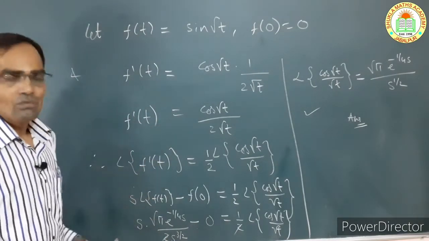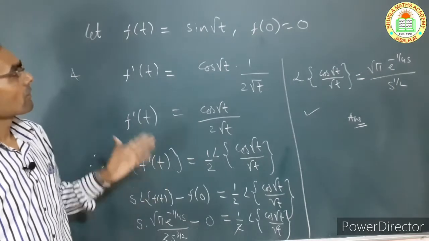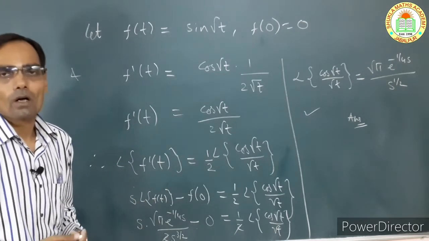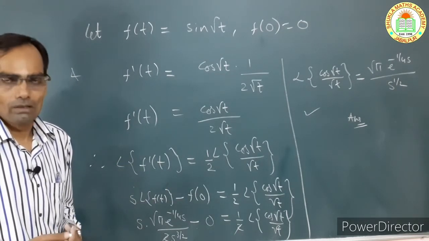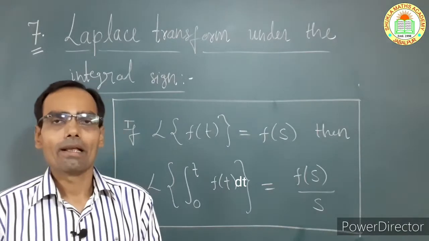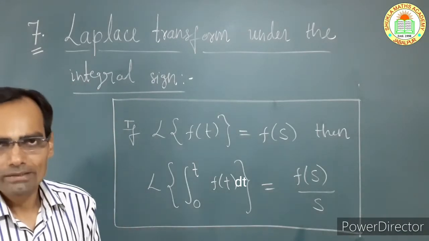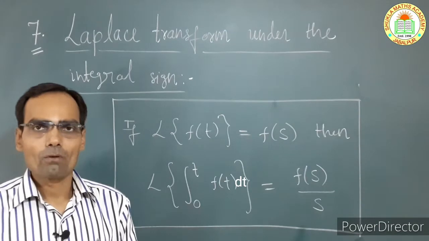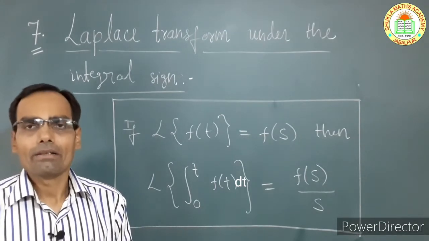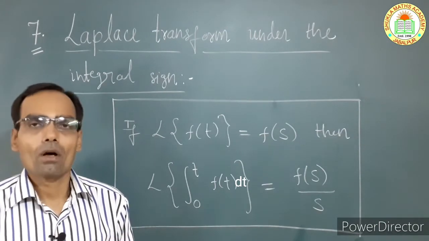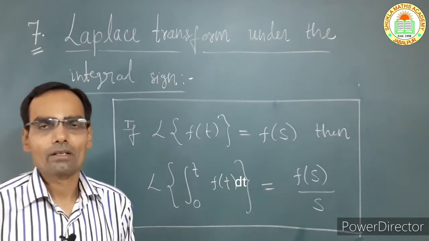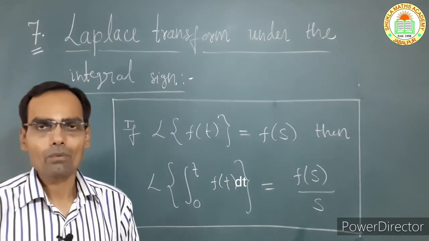So this is the main application of the Laplace transform of derivative formula. And now our next and last property, that is the seventh one, the Laplace transform of the function f(t) under the integral sign from limit 0 to t. That is a special property of Laplace transform.